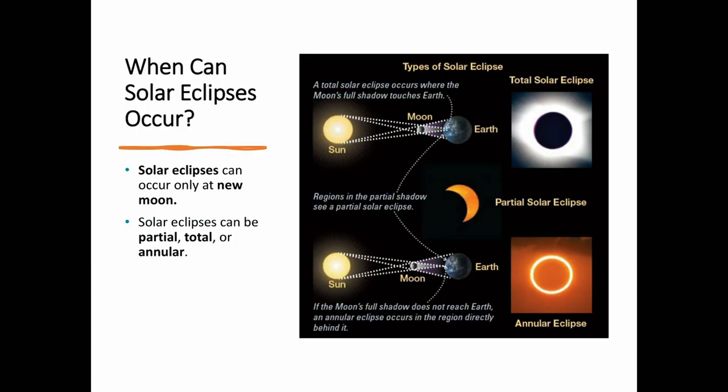eclipse. But why? So we said a solar eclipse can only happen at new moon, and the orientation is just sun, moon, Earth. So why don't we get a total solar eclipse every new moon?